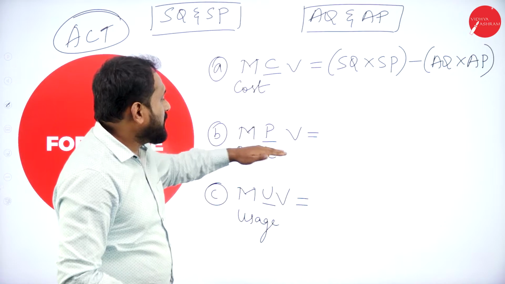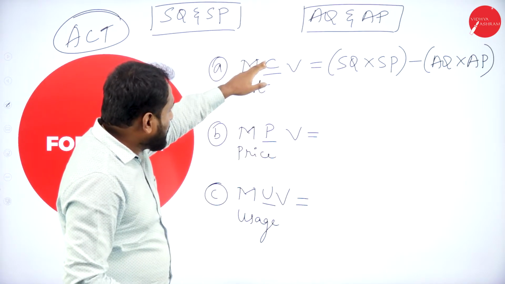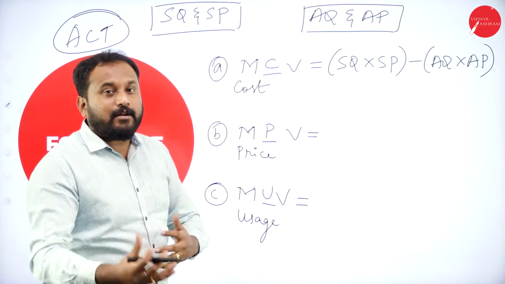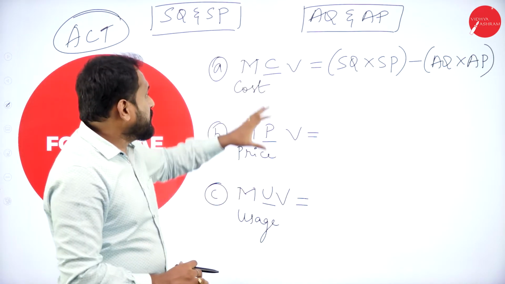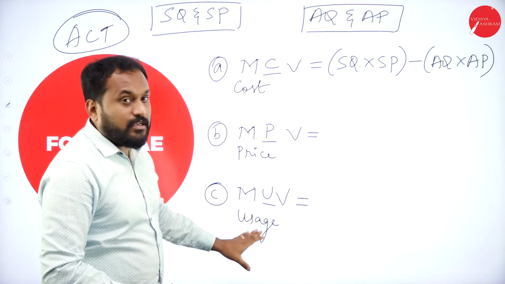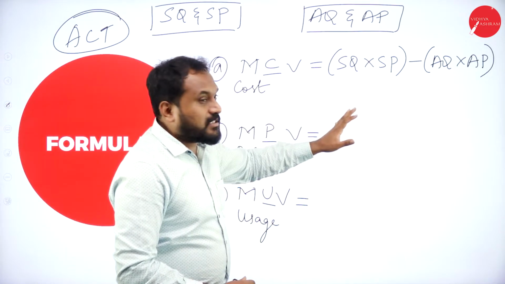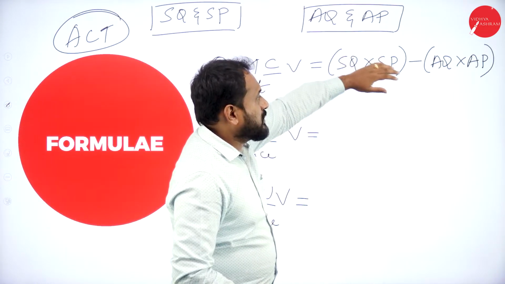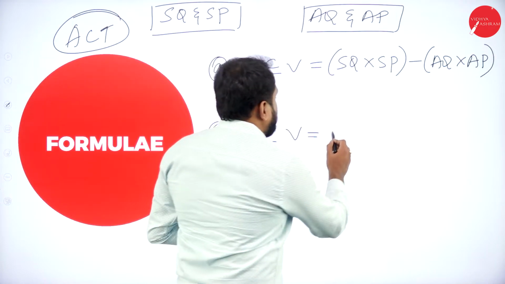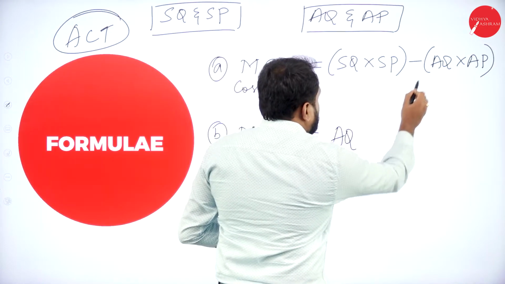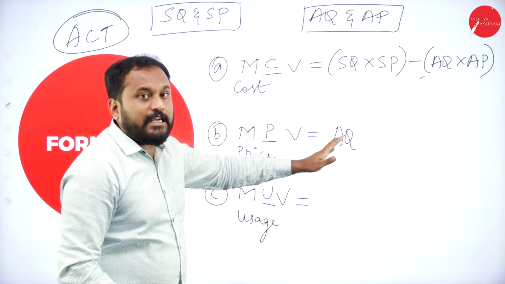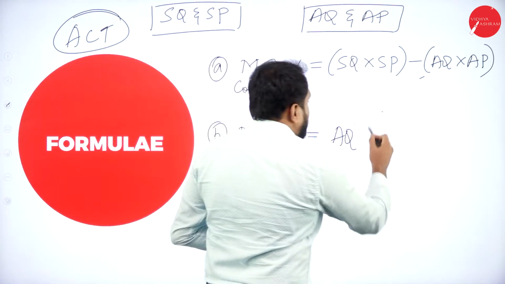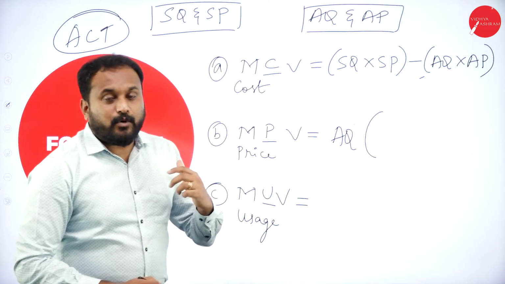Now how to remember the MPV formula? The question can be anything, calculate MUV, MPV, MCV, or whatever the jumble is. You write this formula like CPU, right? Now what you are supposed to do is block the entire thing. What's the first one here? AQ. Bring this AQ down. When you bring quantity outside, what should come in?